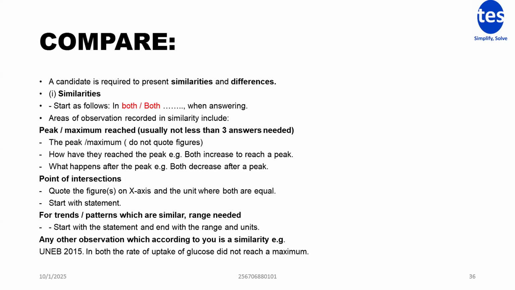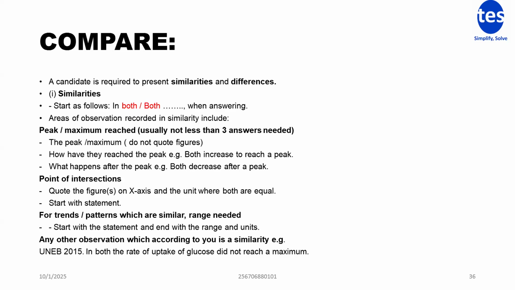Well, that one is not a marking point, but if you don't put it, you don't score. So both and in both is very important there. So for example, here I put the areas of observation when you're dealing with graphs having such things. The first one is peak.